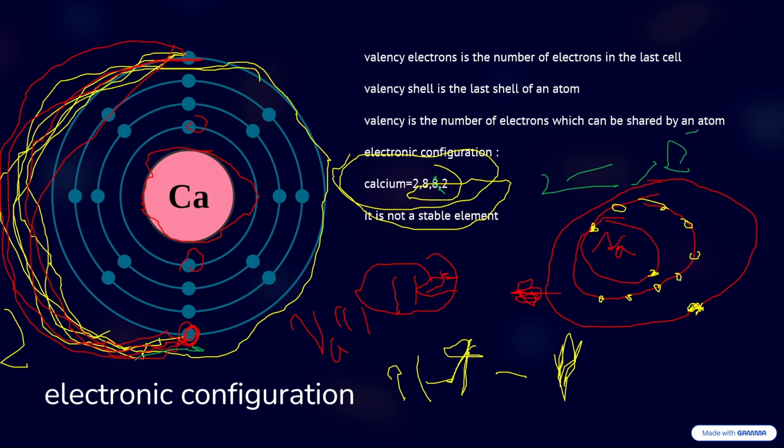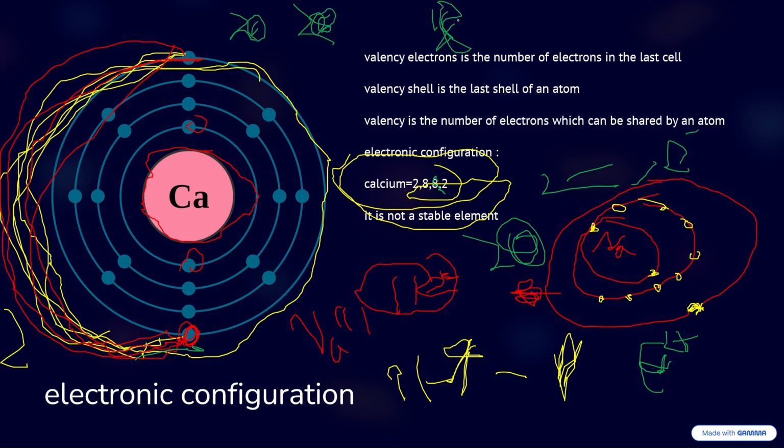It loses 2 electrons and becomes Ca2+, because the atomic number of calcium is 20, right? Now its protons are also 20, and its electrons are 20 before losing them.